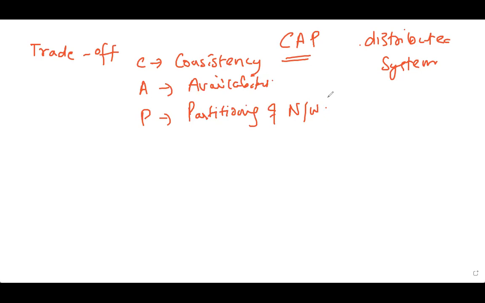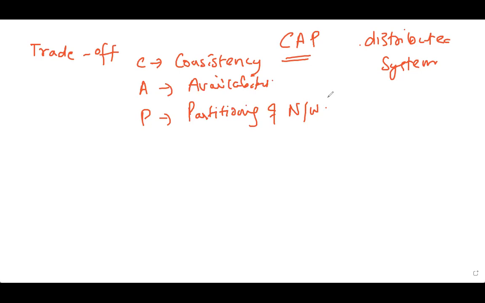So you always trade off one over the other. If you want to improve consistency, then your availability may go down. If you are improving availability, then your consistency may go down. If you're doing availability and network partitioning, then your consistency goes down. So you can get only two of them, right?